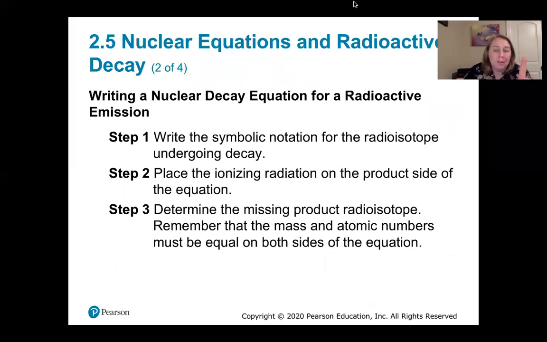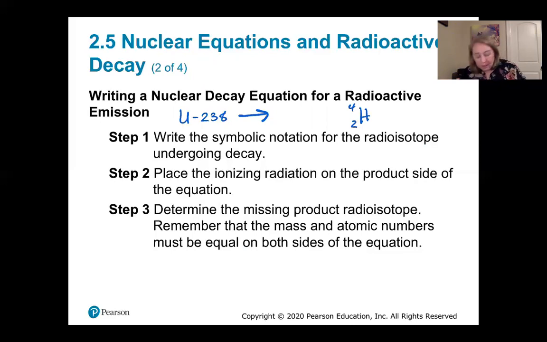First things first, write the symbol notation for the radioisotope. Remember we said that was uranium, what do we have? Uranium-238. You want to go and write the symbol for that. Then put the ionizing radiation in a product. When it changes, in this case, we were told it's going to release an alpha particle.